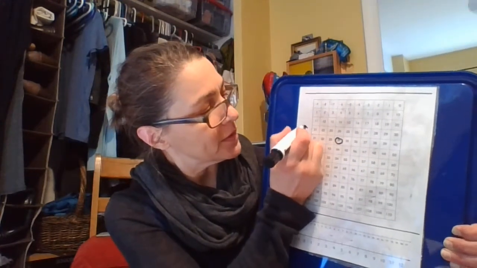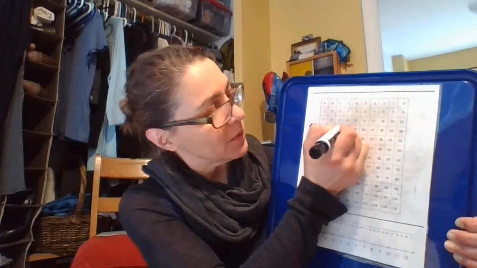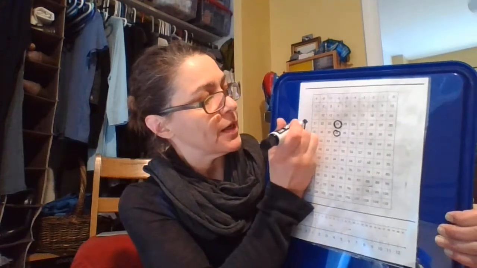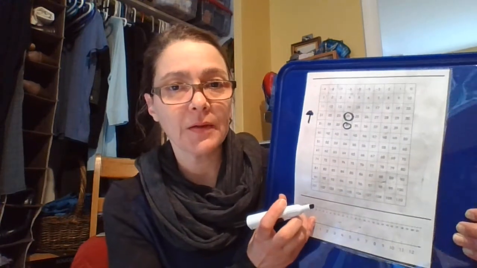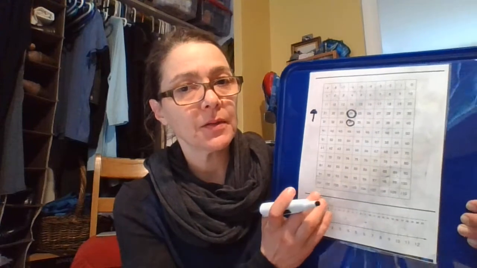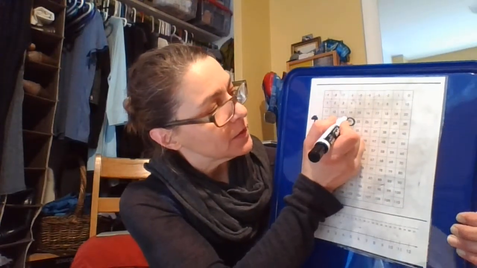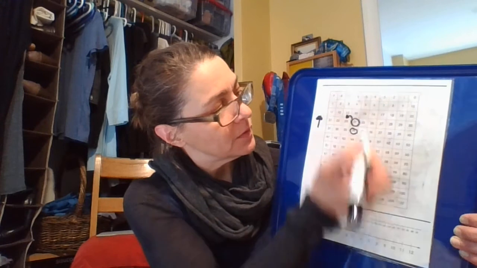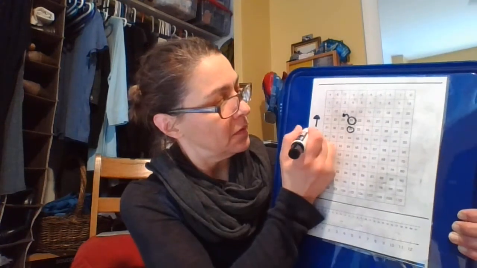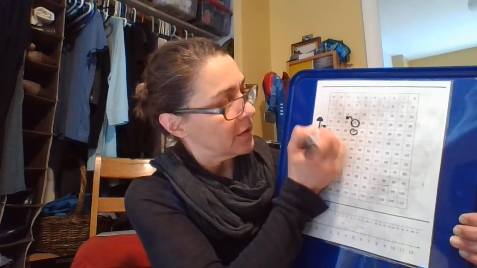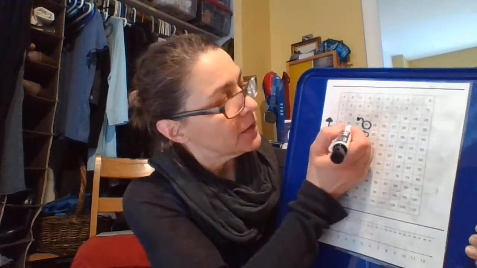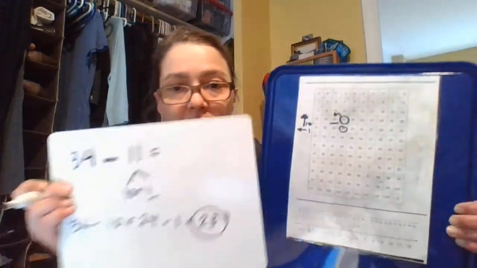So in this case, we are going down the number chart, and we are going to go down 1 ten. Okay, this way is down when you're counting backwards on a number grid. And then I'm going to the left 1. So I'm going down 10 and to the left 1. Okay, and I end up with 23. And that's what I got here.